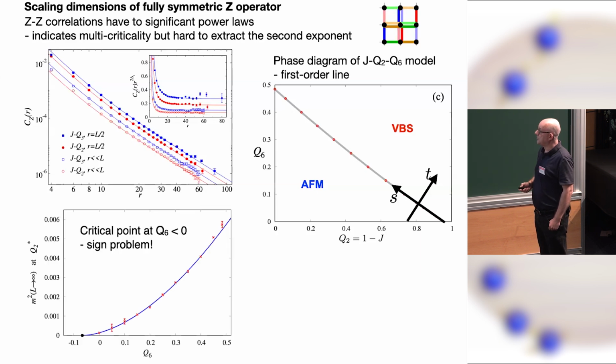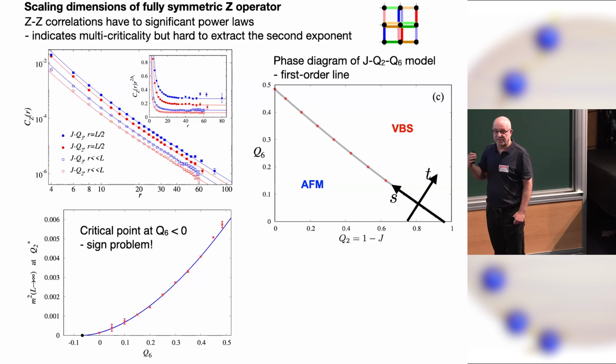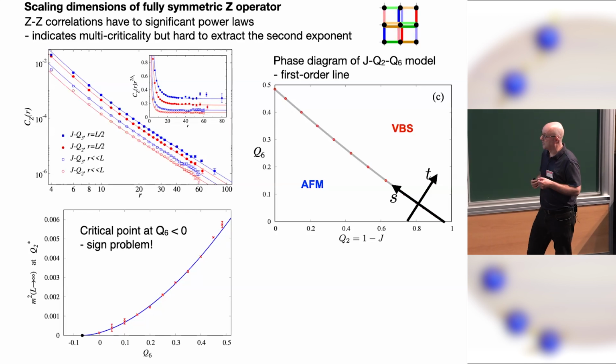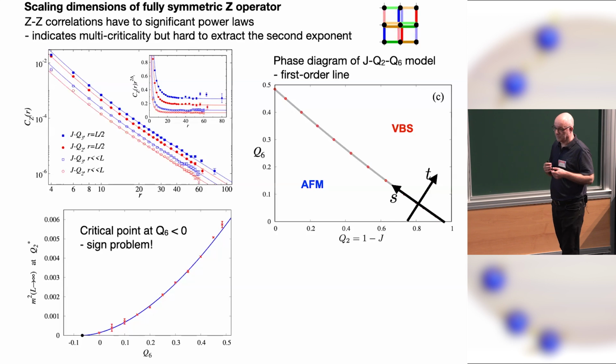Okay, so now what June did was very careful calculations on this whole phase boundary for different system sizes, extrapolating using a clever trick that he invented to simultaneously get both order parameters where they coexist.